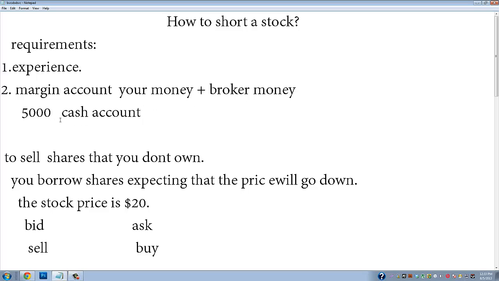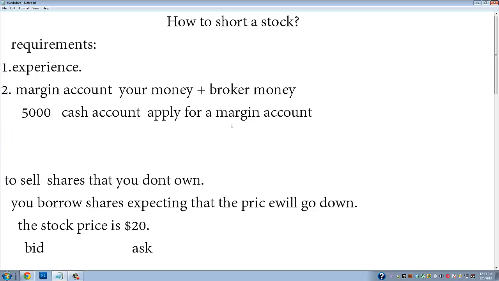So in order to do what we call shorting a stock, you should have what we call a margin account. It means your $5,000 is in a cash account, and then you apply for a margin account. When you apply for a margin account, most of the time it's automatic. It means you just ask for more money from the broker.